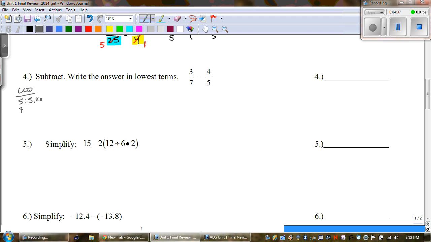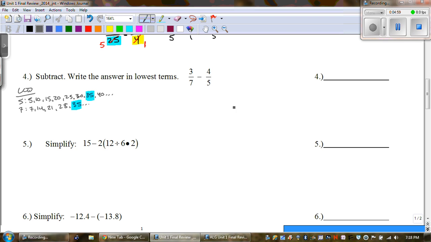So like 5, 10, 15, 20, 25, 30, 35, 40, and we're just counting by 5s, okay? Now some of you might know this right off the bat, some of you don't. It's okay. But as soon as I find a number that they both have in common, that's what it is.